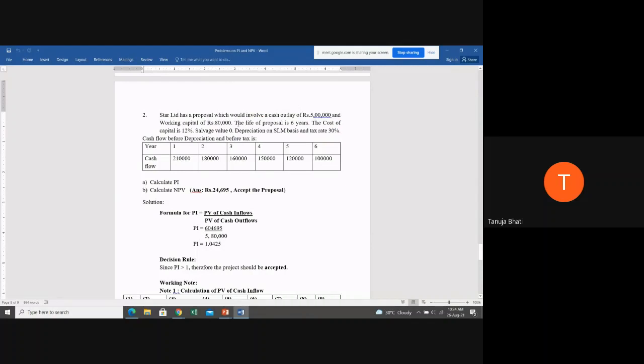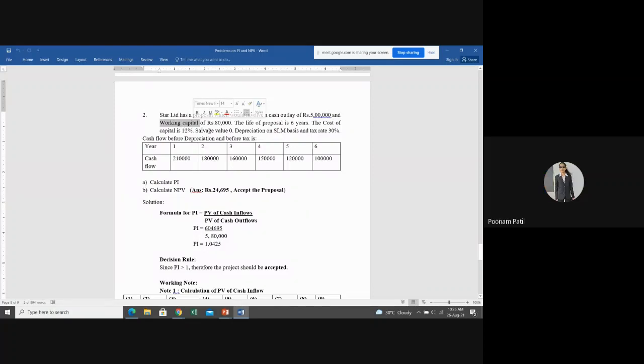Okay. Students, can anyone tell me what is working capital, the meaning of working capital? If you all know, tell me the answer. If you don't know, I will tell you all. Does anyone know what is the meaning of working capital?